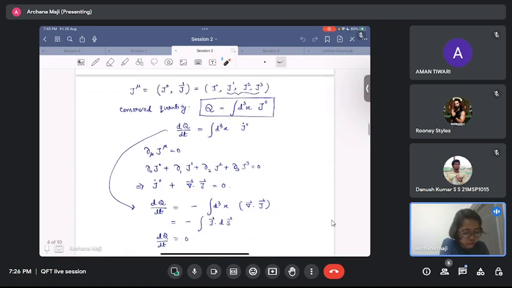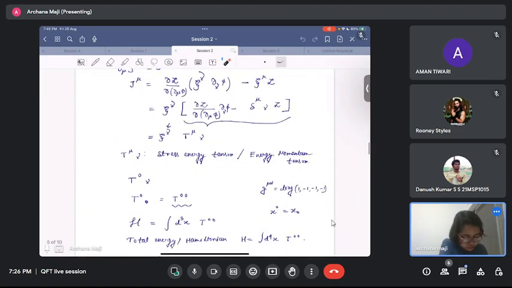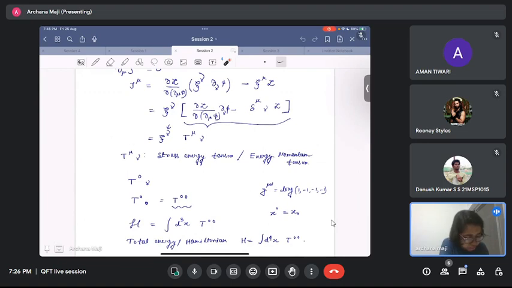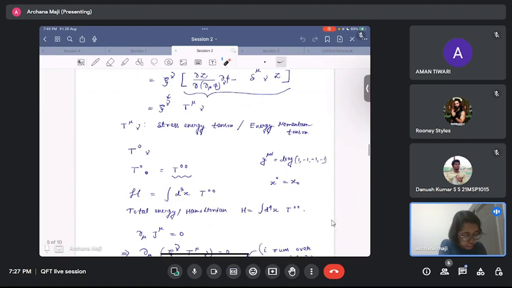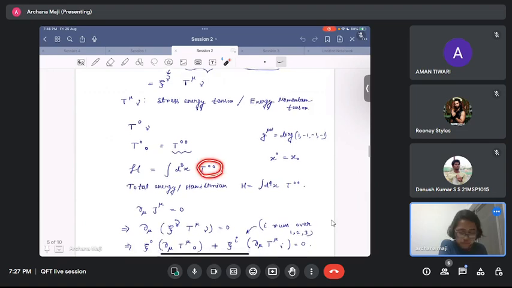So that's why the zeroth component of the current integrated over all space gives you the conserved charge. The zeroth component of the current is nothing but T0 nu, and this nu is telling you the direction along which you are performing the translation. When nu is also 0, you are finding the conserved charge corresponding to time translation, and that is T00. And this T00 is giving you the energy density or Hamiltonian density.